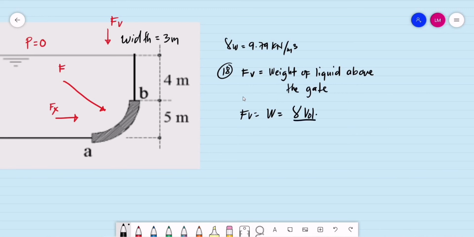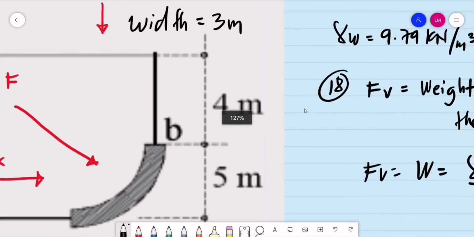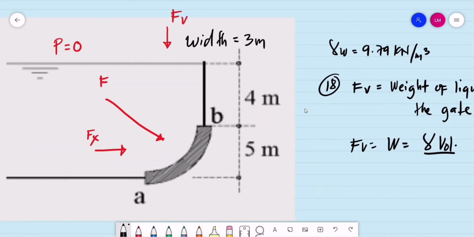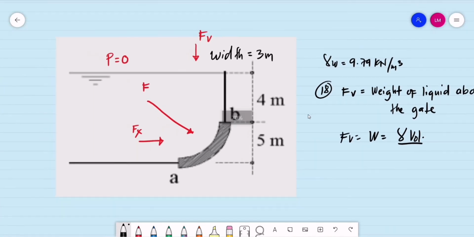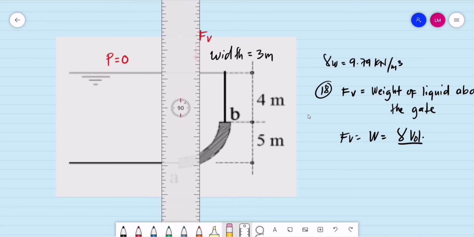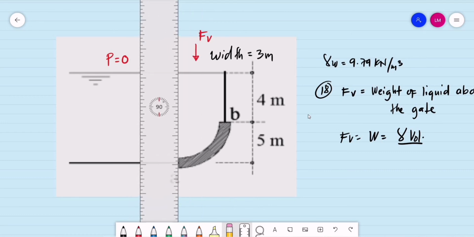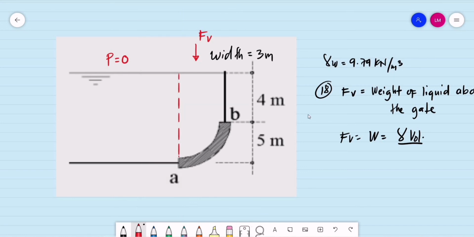So i-isolate natin yung liquid directly above the gate. Burahin muna natin ito. Maglagay tayo ng imaginary boundary para ma-separate natin yung liquid directly above the gate.